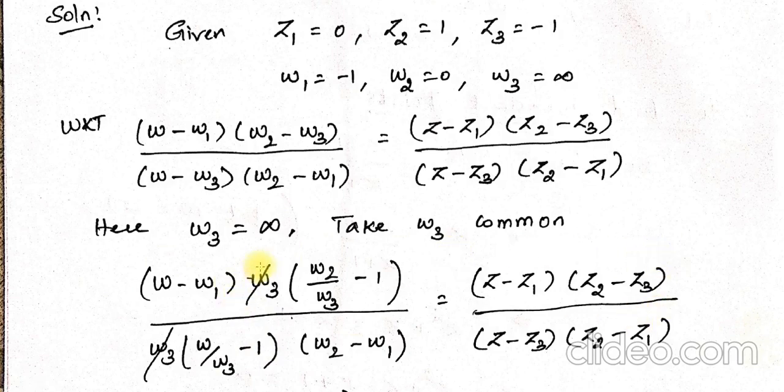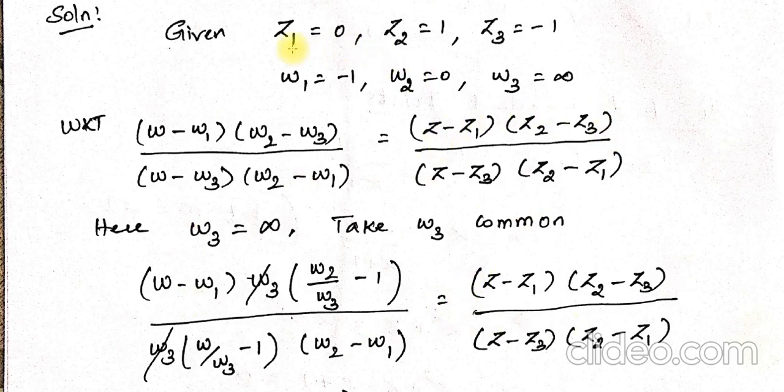Why? Because only W3 is infinity, so I am disturbing the terms wherever W3 occurs. Wherever W3 is present, I am just changing those terms alone, not touching the other terms. The remaining terms are as such. This term has not changed and this term has not changed, and the right hand side has not changed at all. Why?